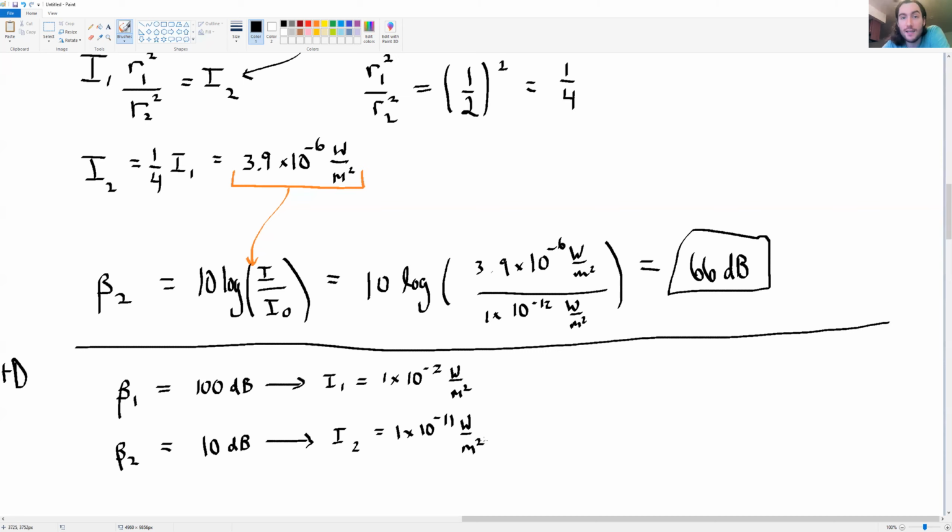You can check this for yourself. I'll leave this as something for you to check by plugging those intensities into your calculator or doing it by hand. Since these are all powers of 10, you can do the logarithm really easily.